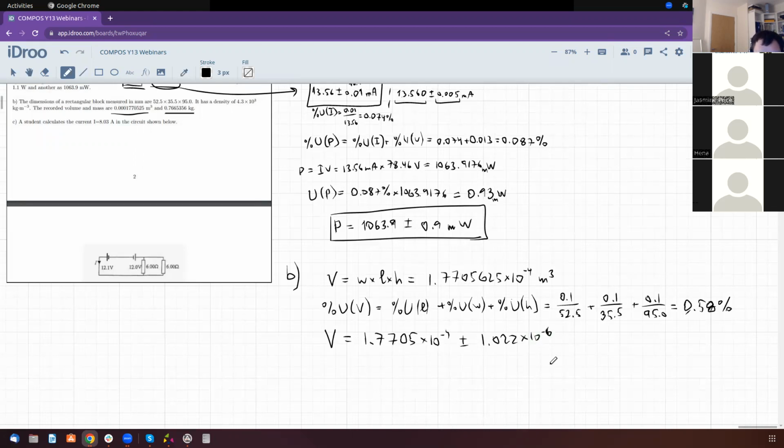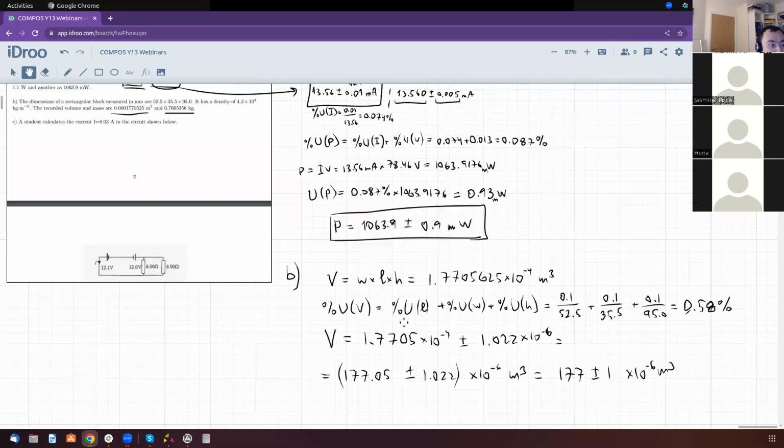Now this looks a little horrible, so we have to do this: 177.05 times 10 to the minus 6, plus or minus 1.022 times 10 to the minus 6 cubic meters. So it's 177 plus or minus 1 times 10 to the minus 6 meters cubed.